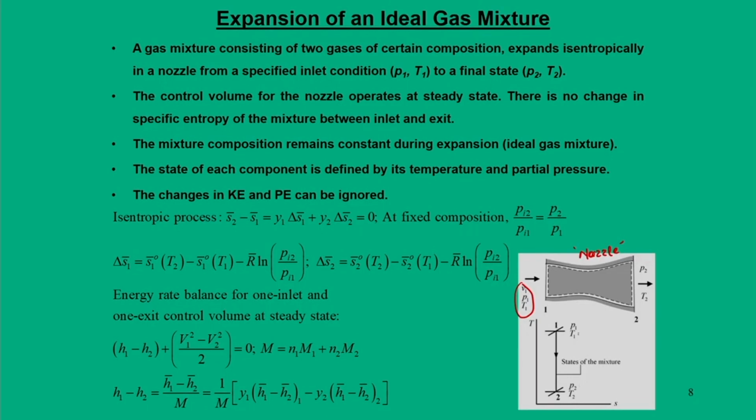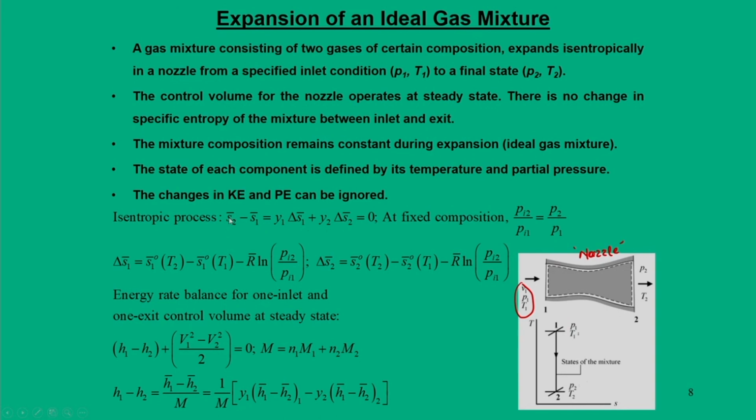When a mixture expands, we assume that it has constant composition, and the state of each component is defined by its temperature and partial pressure. In the same way, kinetic energy and potential energy effects can be ignored, and the process in a nozzle is typically considered isentropic. Isentropic means the change in entropy between state 2 and 1 is 0.